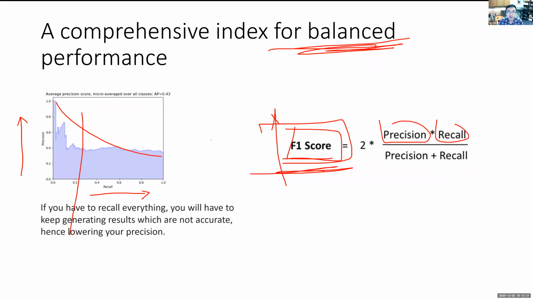And how to find the balance, they discovered that whenever you are increasing the recall rate of your model, you are sacrificing the precision of your model. So in order to find a balance, they developed a new indicator called F1 score. It's this times this divided by the summation of them, times 2, and it's trying to find the balance of them. Make sense, guys? So that's the model evaluation.